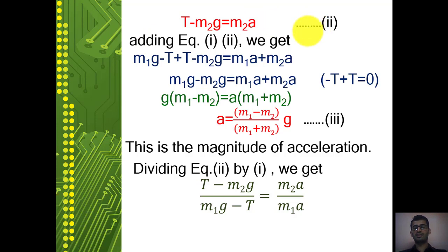Now students, first of all, we need to find the acceleration of these objects. For this purpose, we shall add equation number 1 and 2, and adding these equations we get m1g minus T plus T minus m2g is equal to m1a plus m2a.